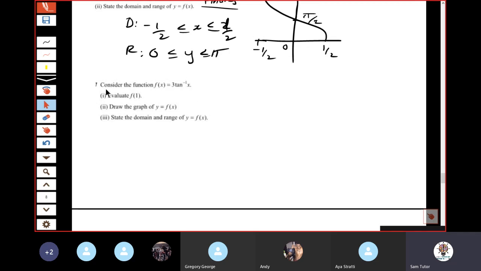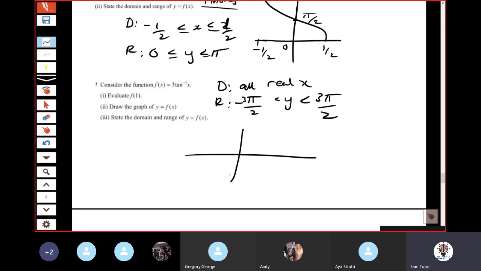Okay, domain, still all relaxed. Your range, well, it was going from negative pi on 2 to pi on 2, so now it should be, no, 3 pi on 2, right? Because divided by 3 and times that, so negative 3 pi on 2 to 3 pi on 2.